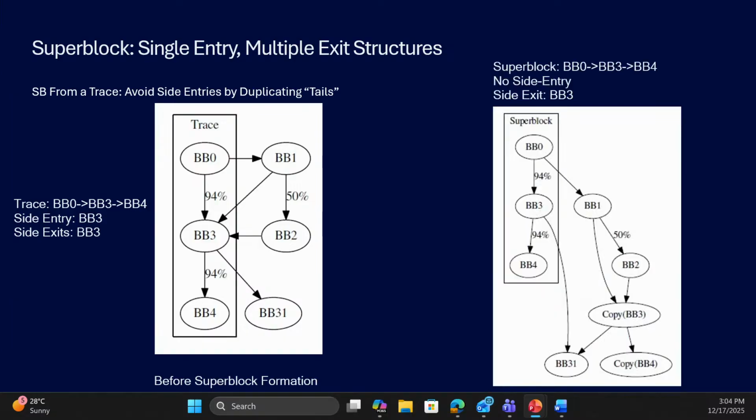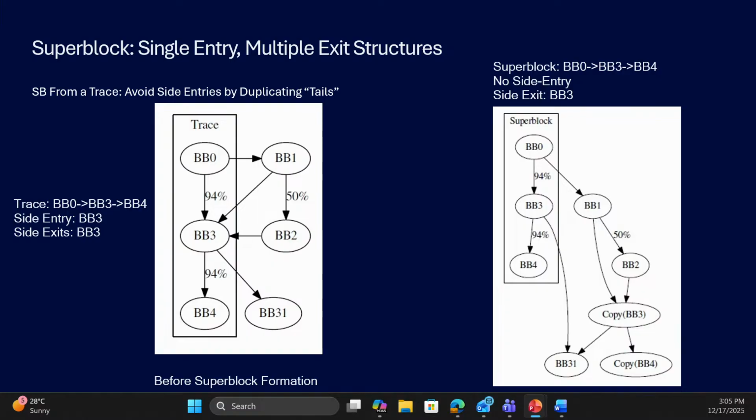I think it's the same. BB1 and BB3 copy, right, BB31. They are isomorphic, right? Copy of BB4 is a copy of BB4, and BB3 is a copy.